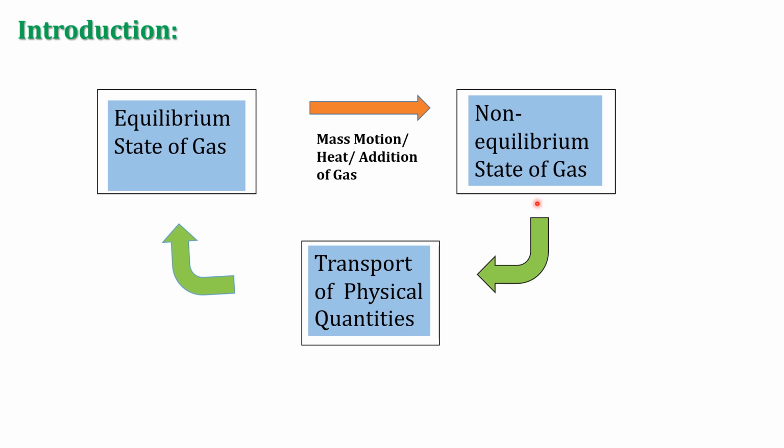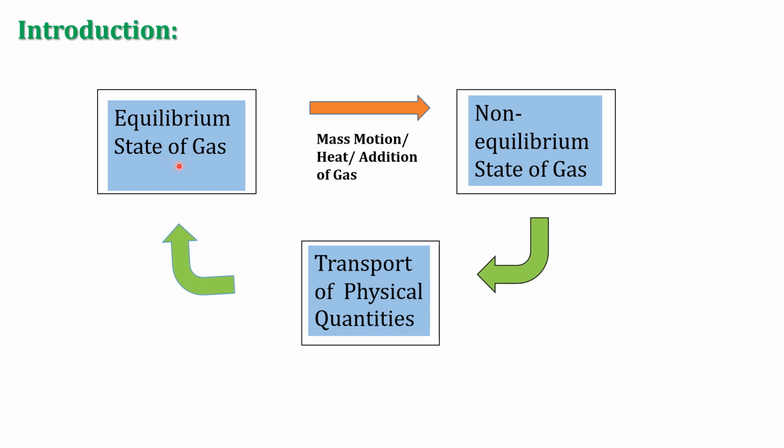In such a non-equilibrium state, the physical quantities like momentum, energy and mass are transported from high gas level to low gas level so as to bring the equilibrium state.